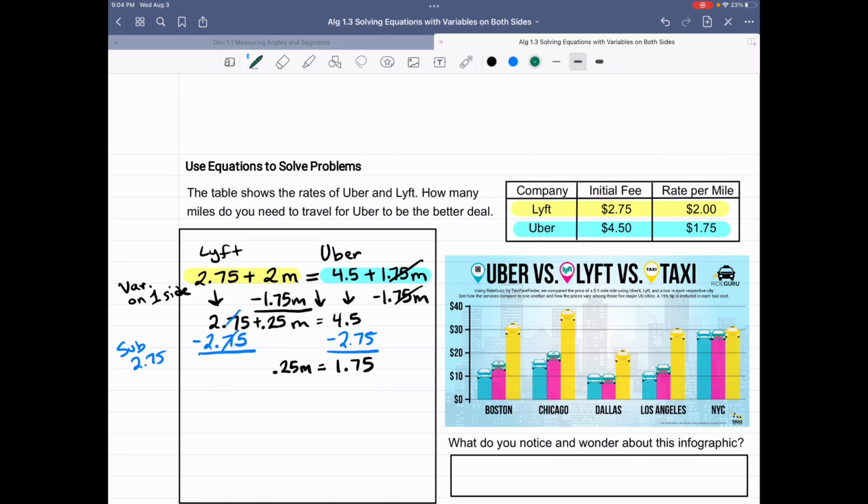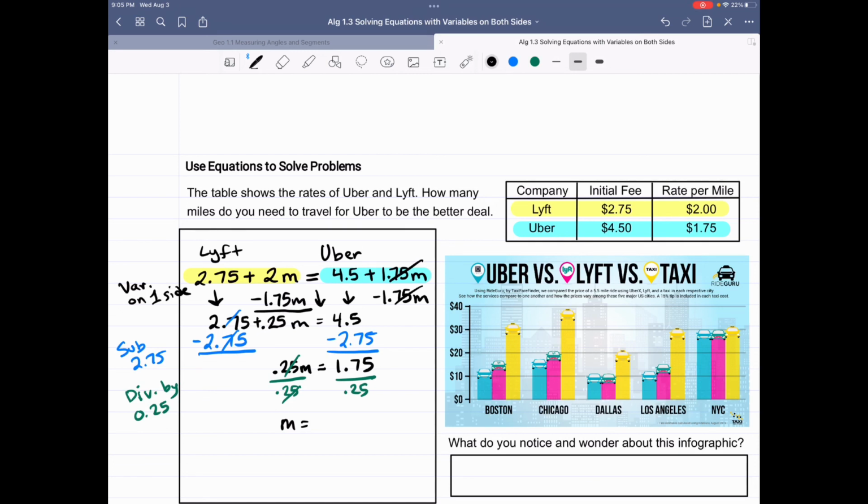The next thing that we're going to do is we're going to divide by 0.25. The 0.25s cancel, leaving us with m equals, how many quarters are in $1.75? Right? We can think of it as money. How many quarters are in $1.75?